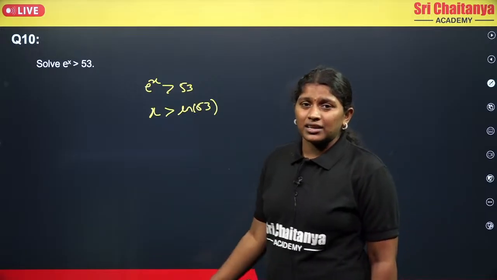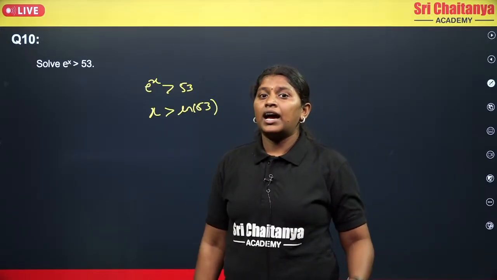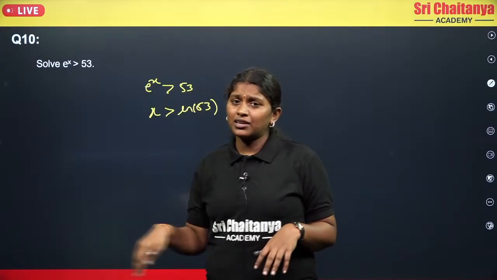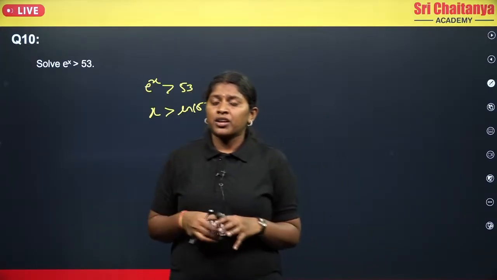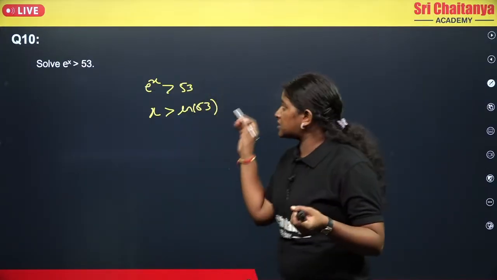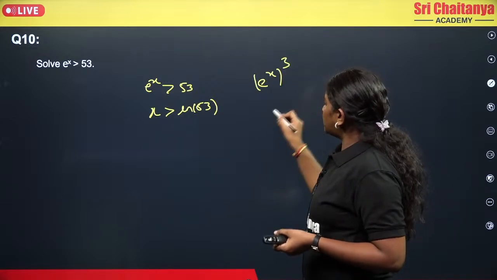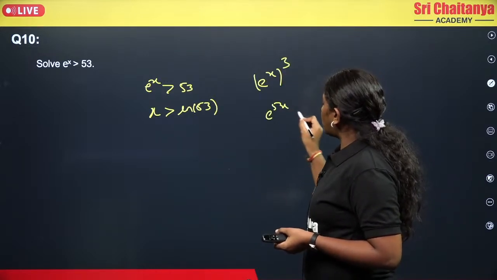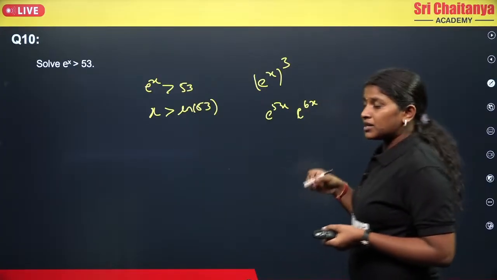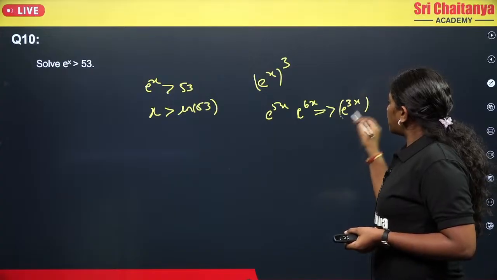So these are just basic questions with respect to the exponential equations, and whatever the questions that we have practiced, those are just the substitution method. Whenever you are finding difficulty in a question, and if you find such questions like e to the power x whole to the power of cube, or e to the power 5x or e to the power 6x, at that time you can consider them as e to the power 3x whole square, right?